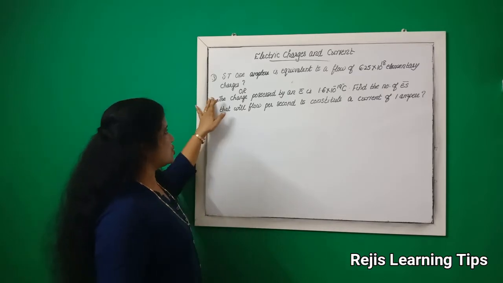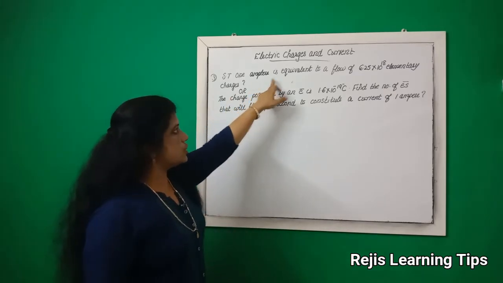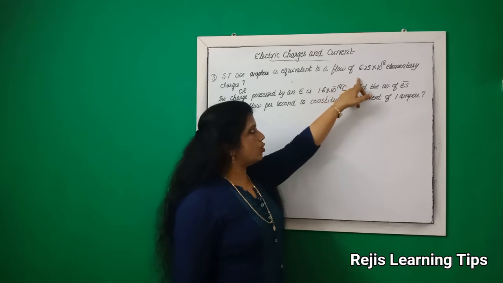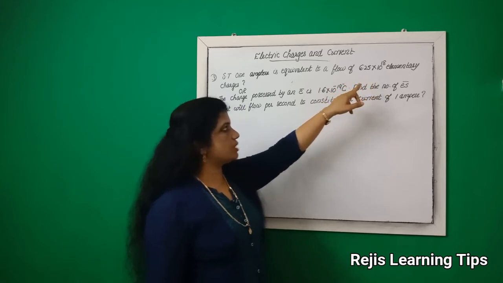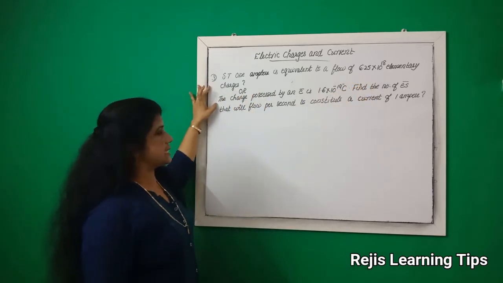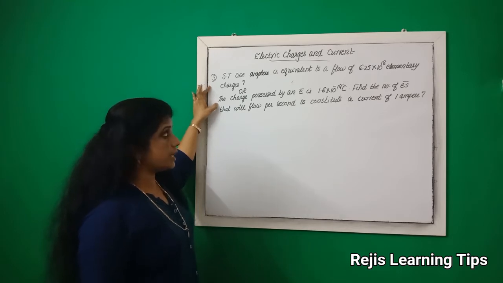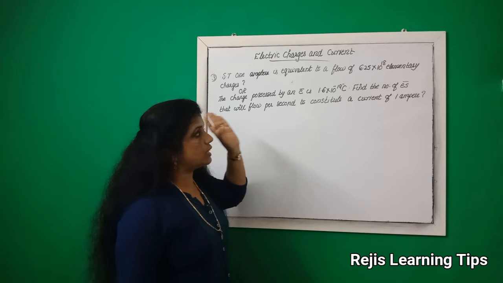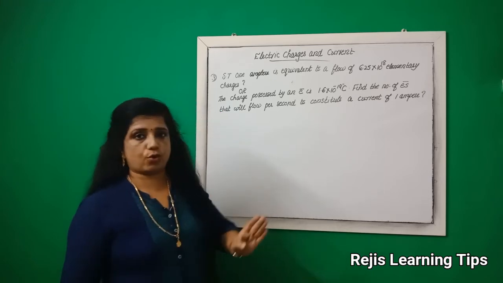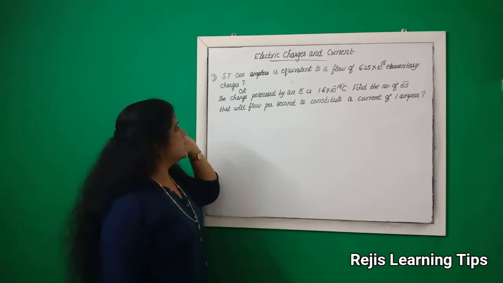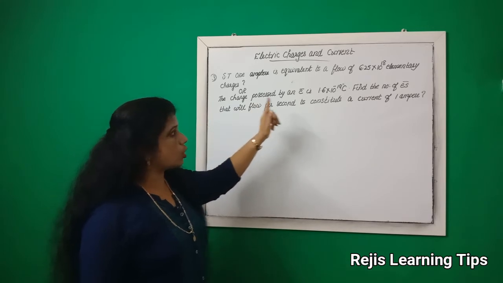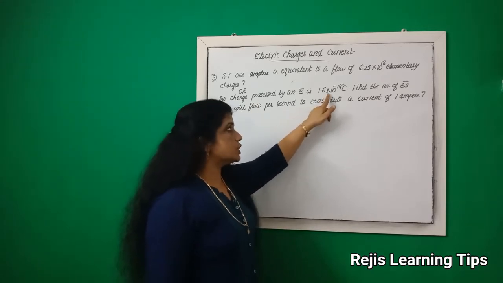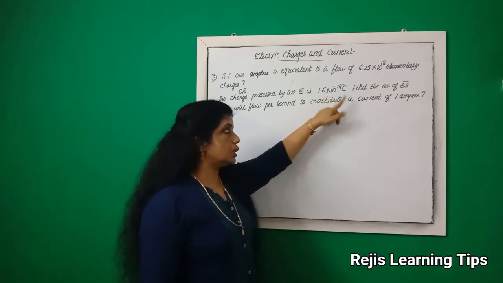Okay, then third question. Show that 1 ampere is equal to a flow of 6.25 into 10 raised to 18 elementary charges. The charge possessed by an electron is 1.6 into 10 raised to minus 19 coulomb.